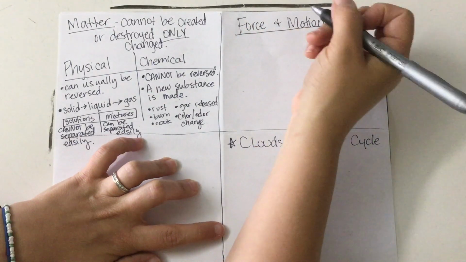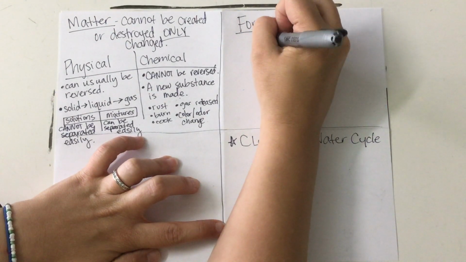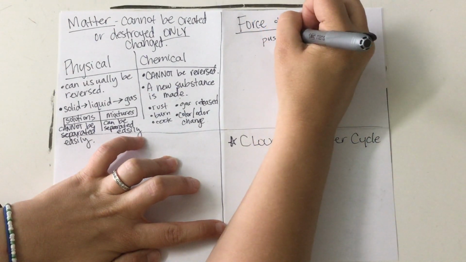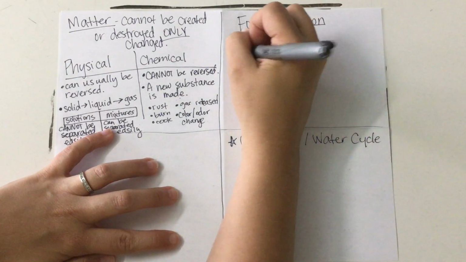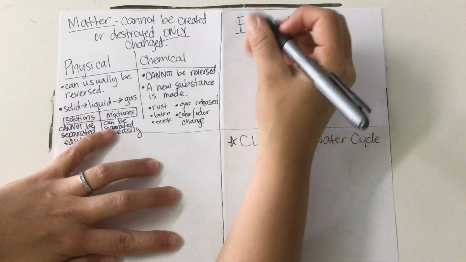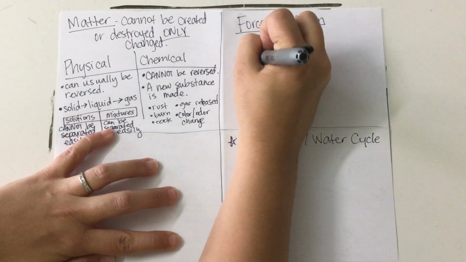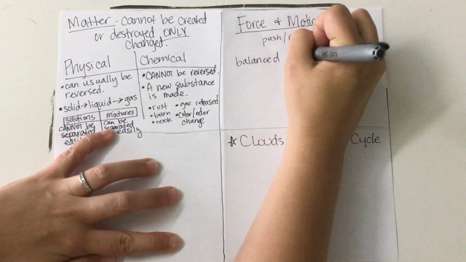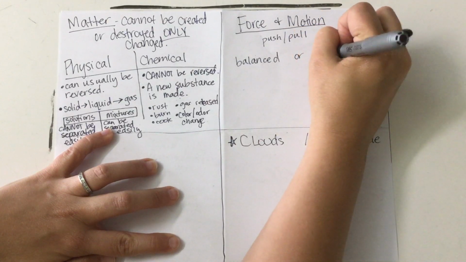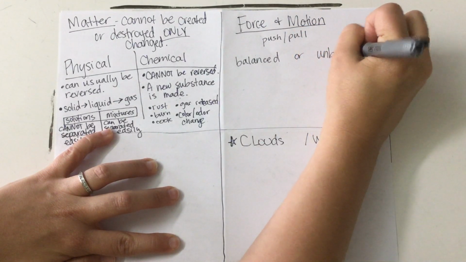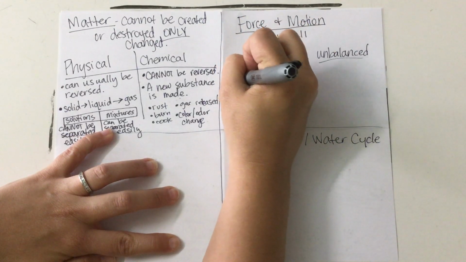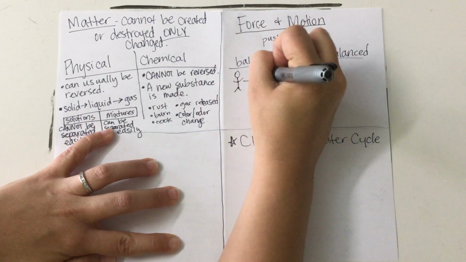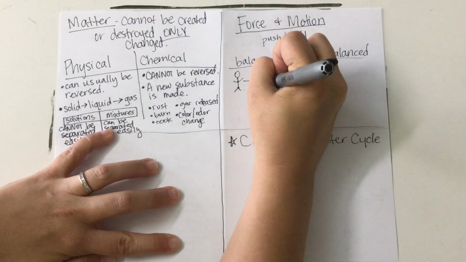All right, force and motion. Force is a push or a pull. We know that gravity pulls two objects together, and we know that forces can be balanced or unbalanced. So an example of a balanced force would be two friends pulling on a rope with the same amount of force.